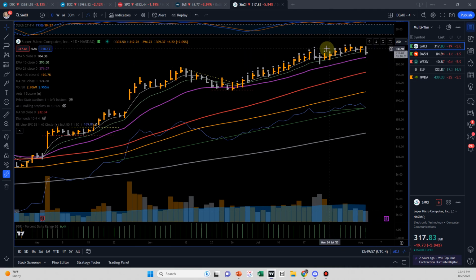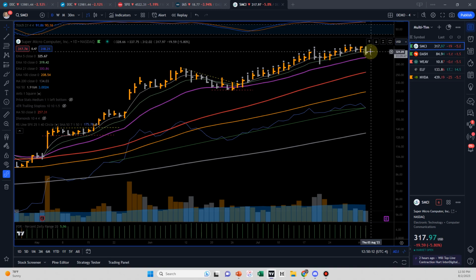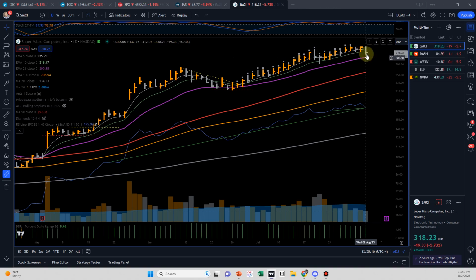But if you're someone that is attempting to enter this area up here to try to get a tight entry on it, then this move is telling you that, okay, perhaps it's going to continue to consolidate a bit more. You don't know if it's going to fall below the 21. Maybe it tests the 21, shakes out below it.